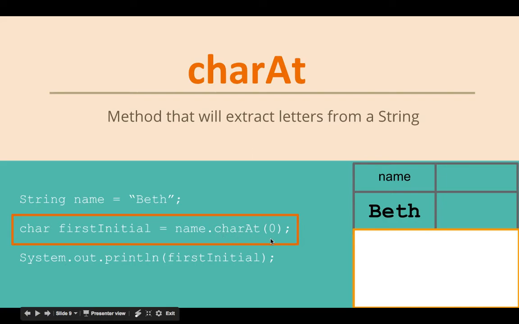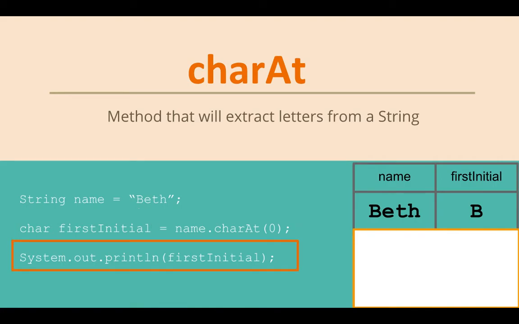So you can see when I do that, it first creates the variable and puts the value of B in there because B is the starting one, and that's position 0. So I pop down to my next line of code. I'm going to print out my first initial, and because it's a character type, I know it's only going to be 1 letter, so the B prints on the screen.